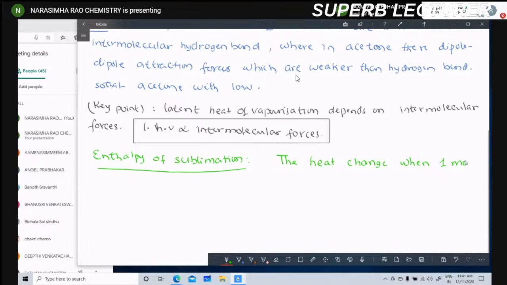Already I told you, children, these all are considered as molar enthalpies, because it is considered for 1 mole.